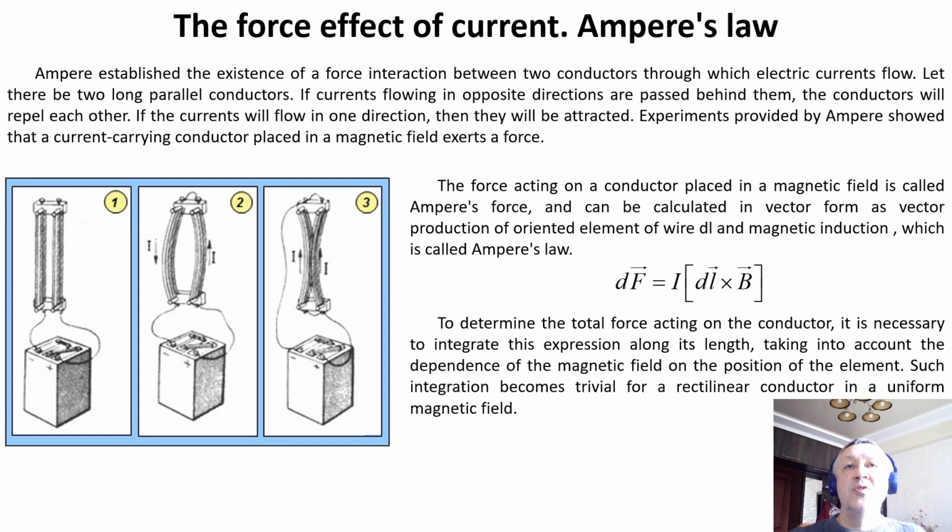This formula is called Ampere's law. To determine the total force acting on the whole conductor, it's necessary to integrate this expression along its length, taking into account the dependence of the magnetic field on the position of the current element. Such integration becomes trivial for a rectilinear conductor in a homogeneous magnetic field.